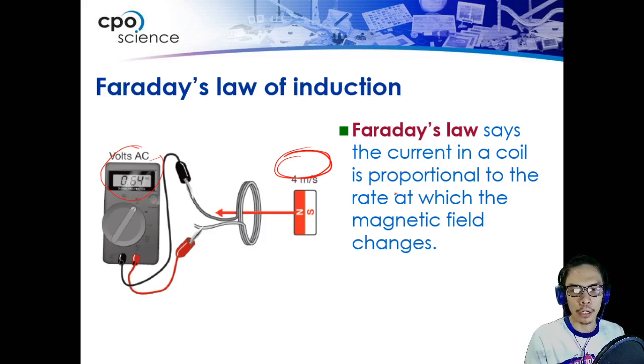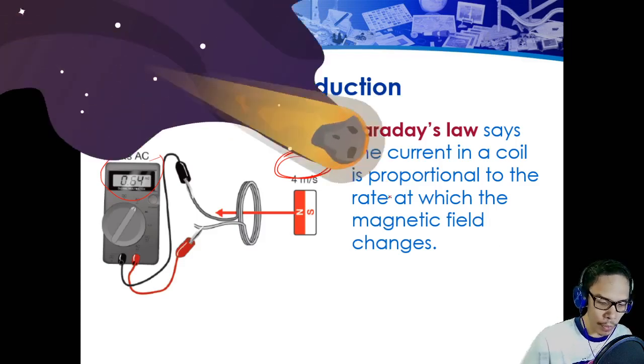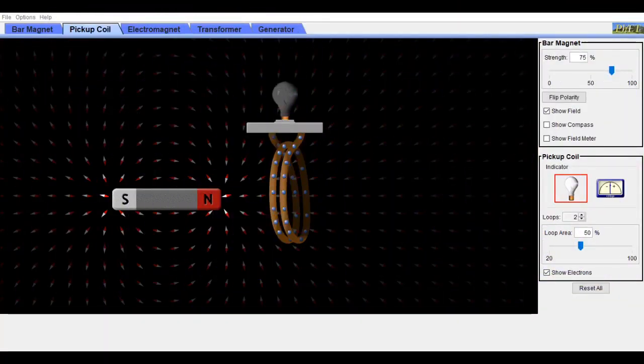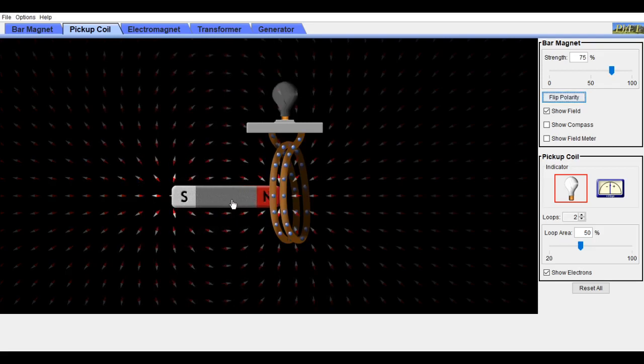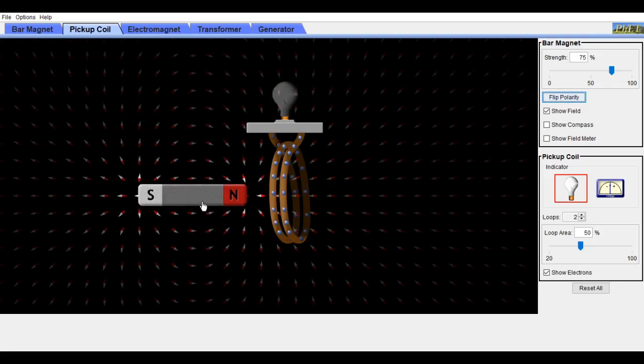In order to demonstrate this, maybe you are not satisfied with this, so as you can see, if I move this magnet slowly, look at the light that is produced above. It is less. If I move it slowly in and out, it is less.